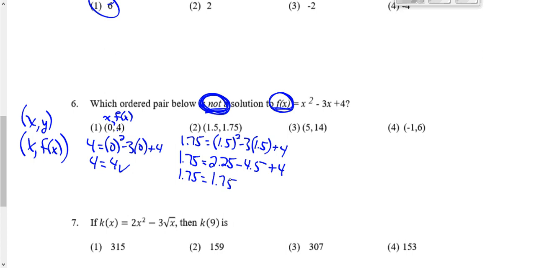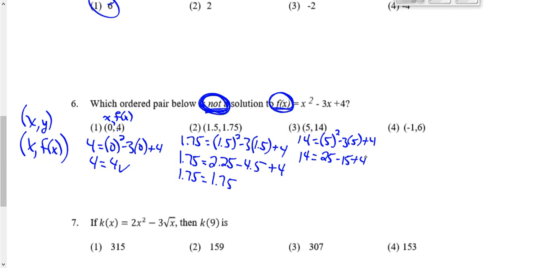All right? Remember 3, 14 equals 24. Equals what? 24. Right. Does it? No. So let's see, 14 needs to equal 5 squared minus 3 times 5 plus 4. So 14 equals, what's 5 squared? 25. 25 minus 15 plus 4, right? 5 squared is 5 times 5.